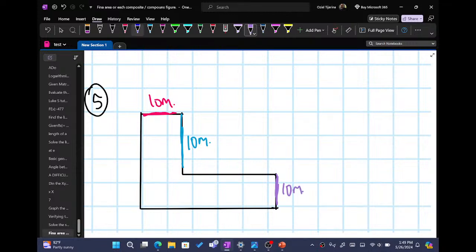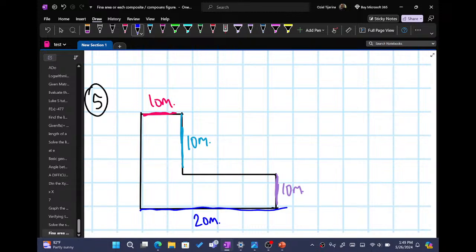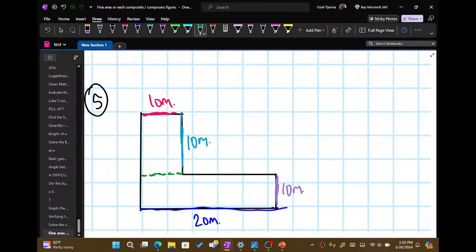And then finally we have this entire part as 20 meters. Now, here's the thing, okay? Let's draw this imaginary dashed line here. You can clearly see that these two are congruent. So this has to be 10 meters. And let's make this length over here x meters.